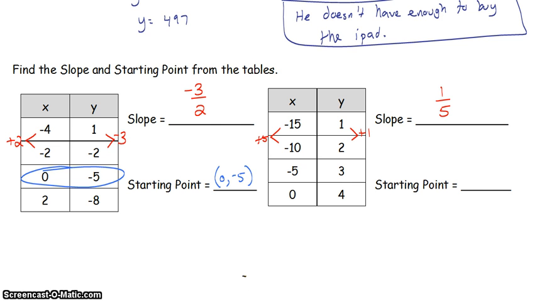Remember, starting point means x equals 0. It does not mean the beginning of your table. Another common misperception is that we would see this, we'd understand that it's where x equals 0, and so we would just write 4. Starting point is an ordered pair. You need 0, 4 for your starting point on this one.